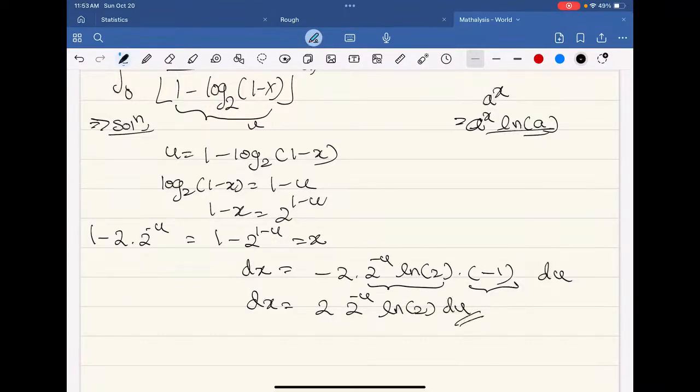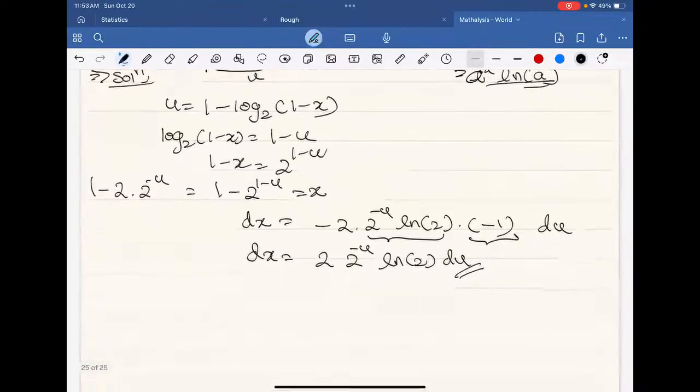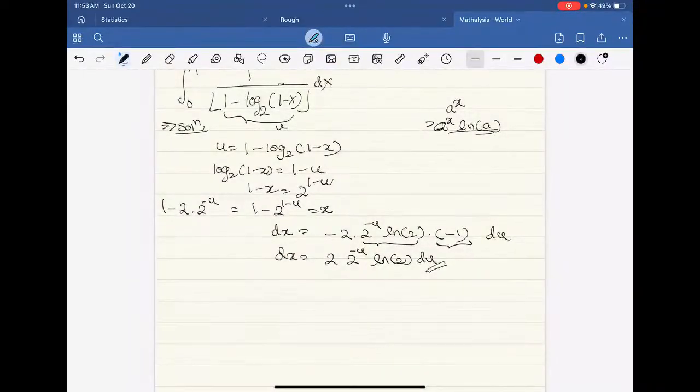Okay. Now if we change the limits, at x equals 0, we will have u as 1 minus log 2 of 1 minus 0, which is just 1. 1 minus, again log 2 of 1 is just 0, so that will be 1, right?